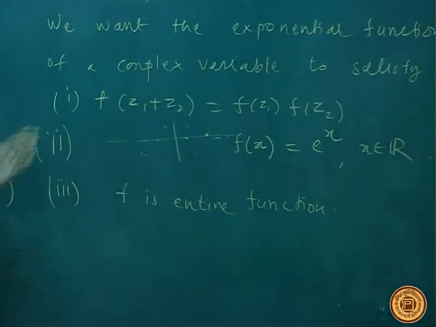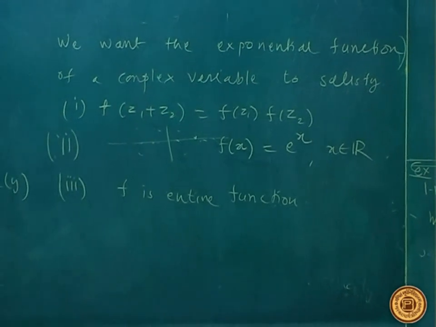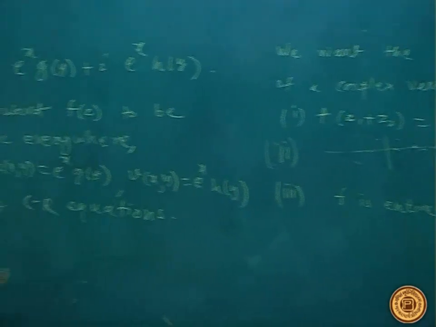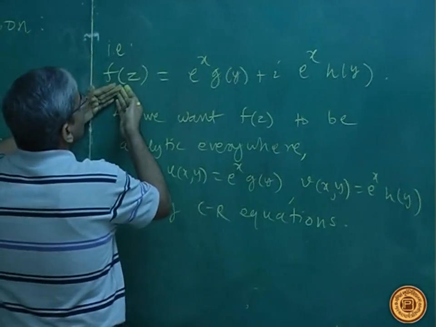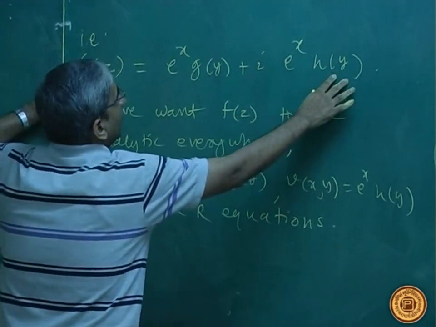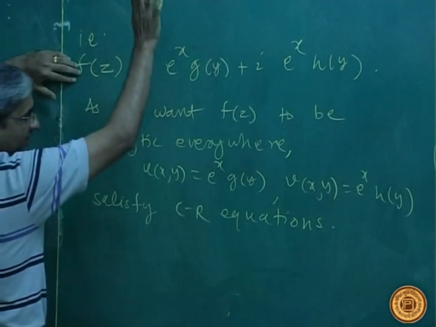Once we demand these three properties, I am going to show that a unique function will result, so that the definition of the exponential function will follow. So the form of f(z) so far is this. Once I determine g(y) and h(y), I get the definition of the exponential function naturally. Do you understand this?